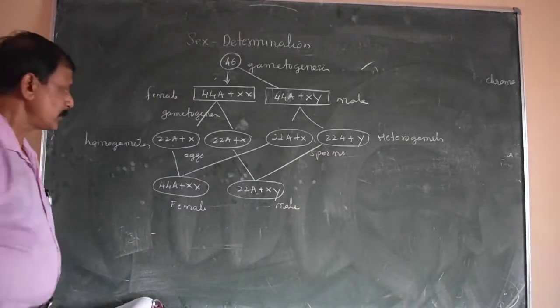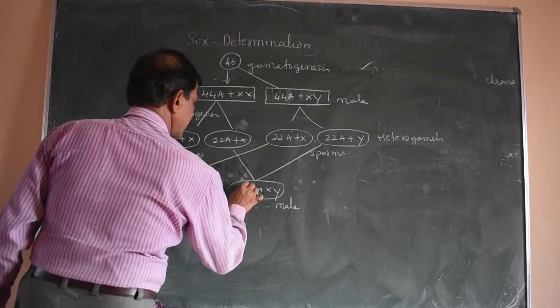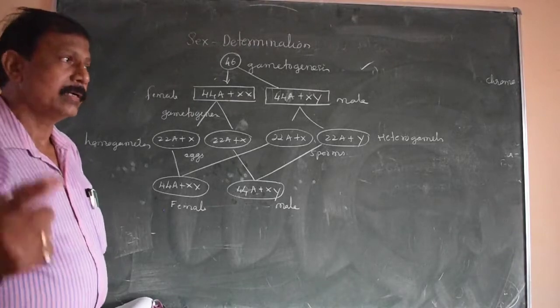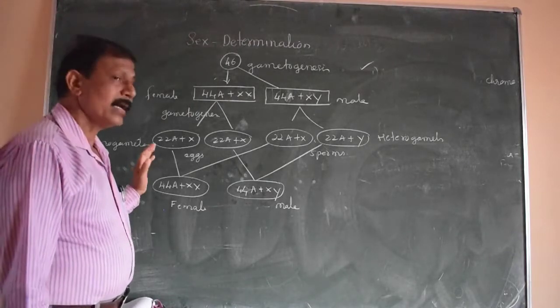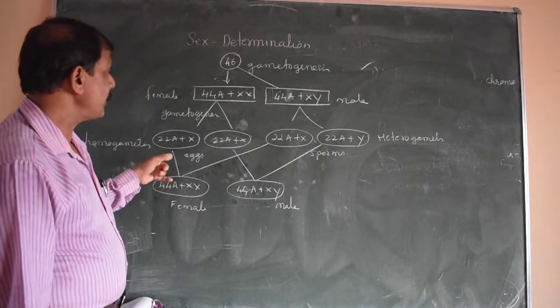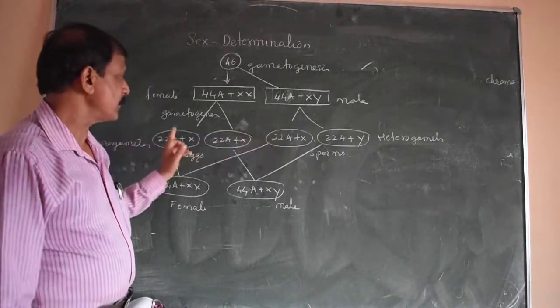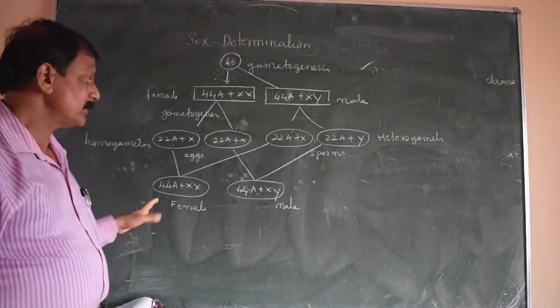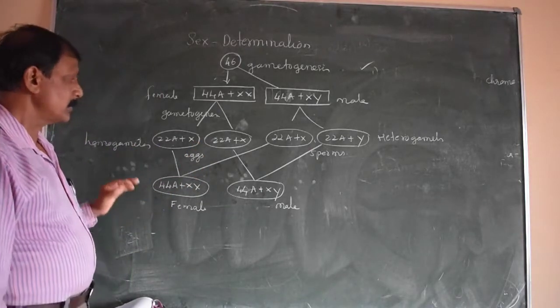Now I think you understood how exactly the zygote formation takes place, by the union of the male and the female gamete. This is sex determination in human beings.